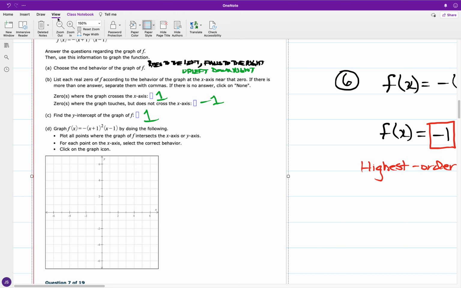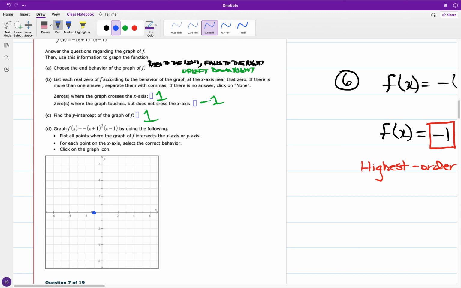Again, there were only 2 zeros: x at negative 1, x at positive 1, and there was a y-intercept at 1. And again, the end behavior rises to the left, falls to the right.